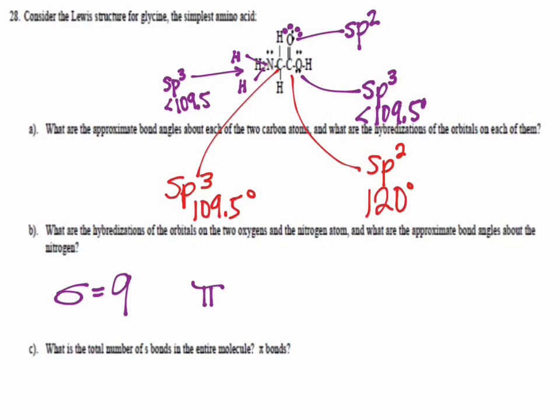So it's 9 sigmas, and how many pi's do we have? Just one. Everybody good?